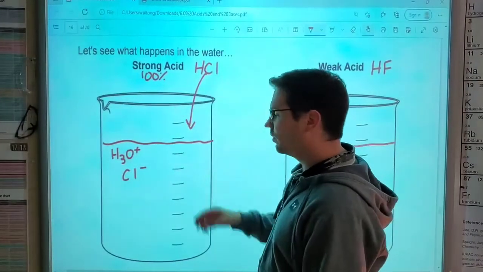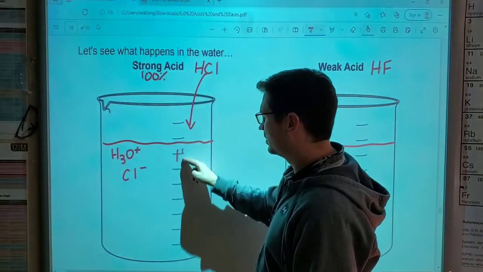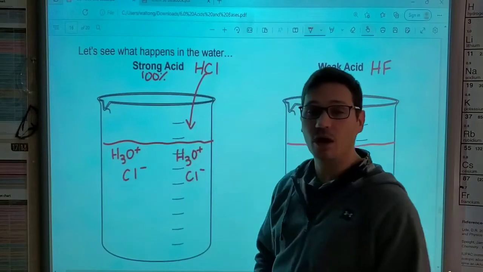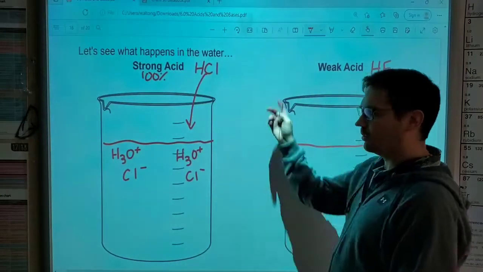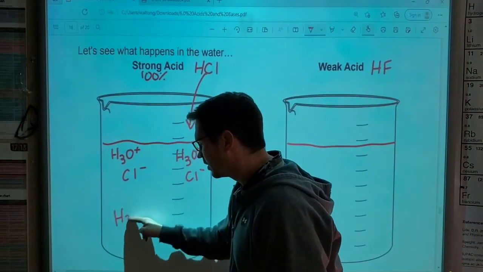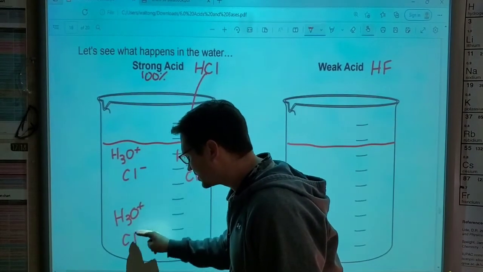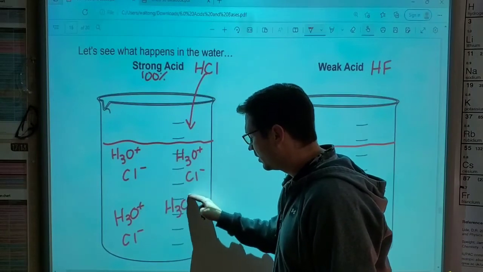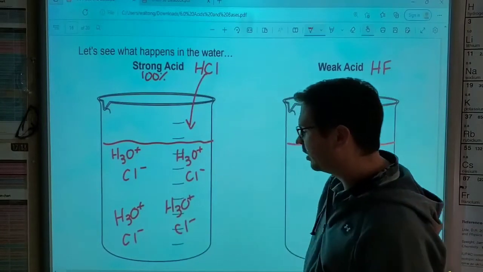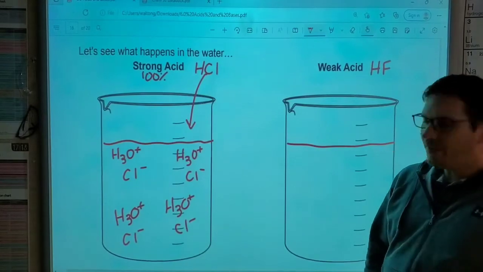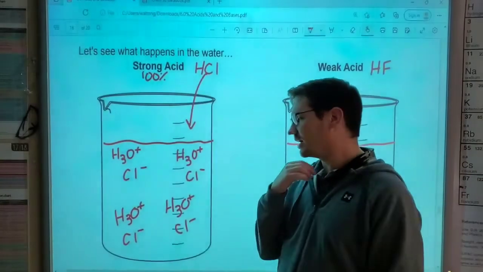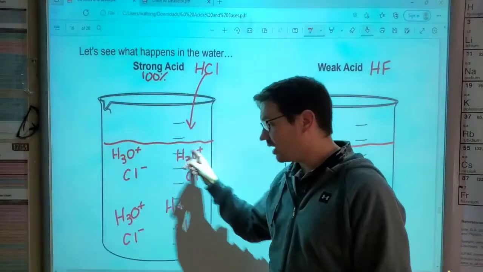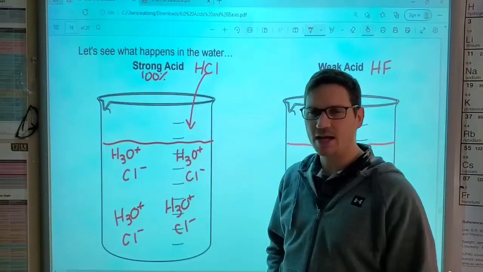As soon as I add another one, it immediately reacts with the water to make hydronium and chloride ions, based on the modified Arrhenius reaction. I'm going to do it again. It immediately reacts to make hydronium and chloride, and then I'm going to do it a fourth time, H3O+ and Cl−. One thing, hopefully you'll recognize here, is that every time I add an HCl, I made a hydronium. 100% of it reacted with the water.